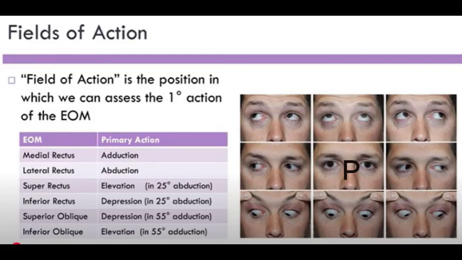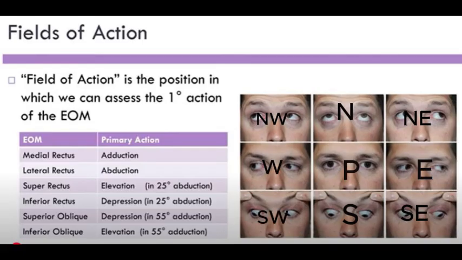So I basically say we have the north, the south, the east, the west, the northeast, the northwest, the southeast, the southwest. And why is this very important?